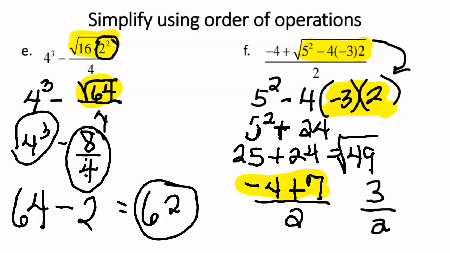Notice all of this was for that lovely square root that we had. Everything under the yellow was a positive 49. 49 then became 7. Negative 4 plus 7 is a positive 3 over 2.